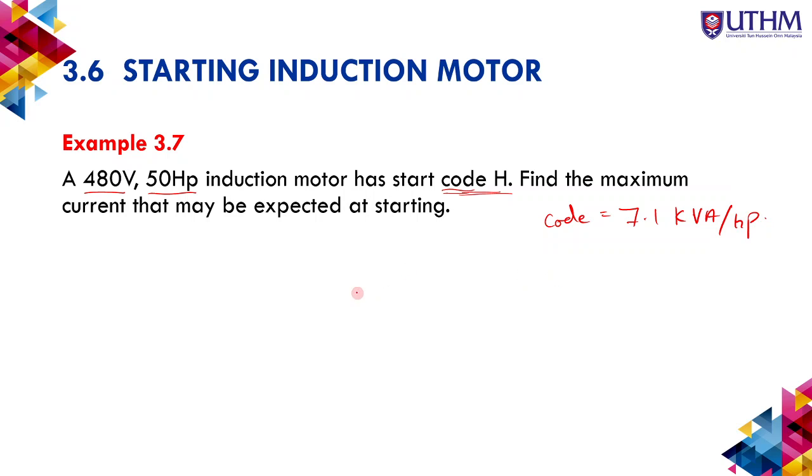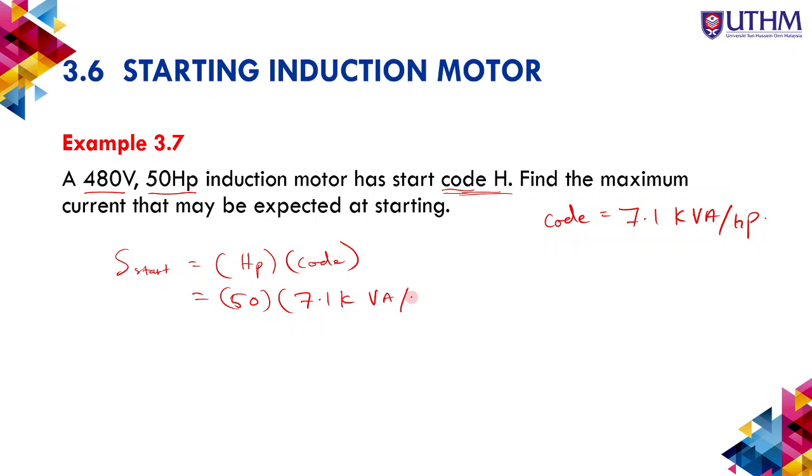So we need to find S start, which is the horsepower times the code. Here it is 50 times 7.1 kilovolt ampere per horsepower.